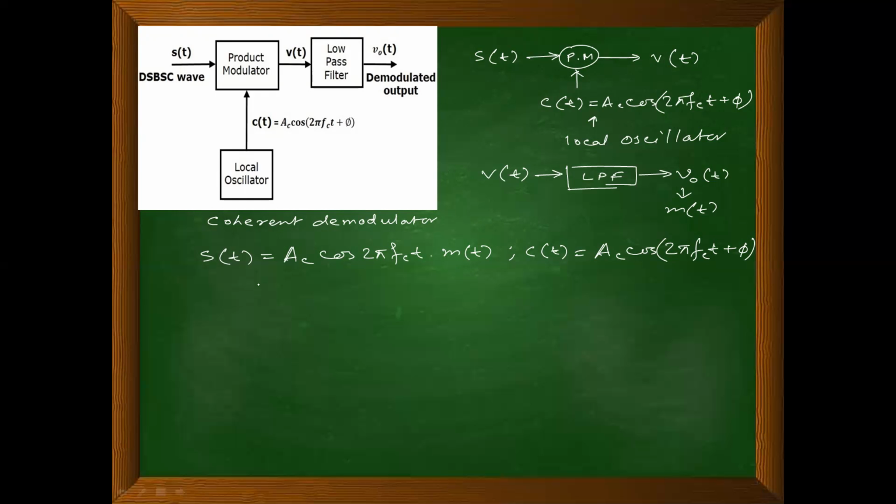Now we get v(t). v(t) is the output of the product modulator, that means s(t) multiplied with c(t), which gives Ac cos(2πfct) m(t) multiplied with Ac cos(2πfct + φ).